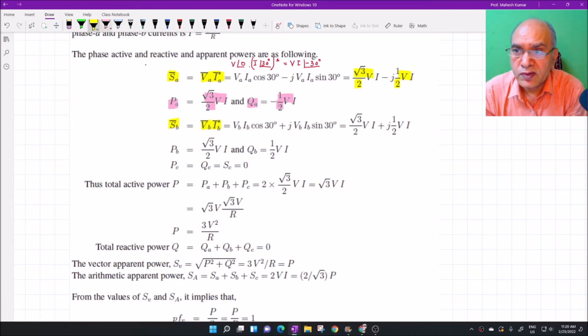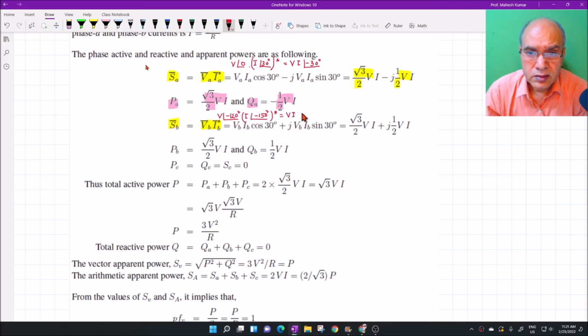If you substitute the value of BB, which is B angle of minus 120 degree, and the current for B phase is I angle of minus 150 degree, and take the conjugate of that, this becomes BI angle of 30 degree.